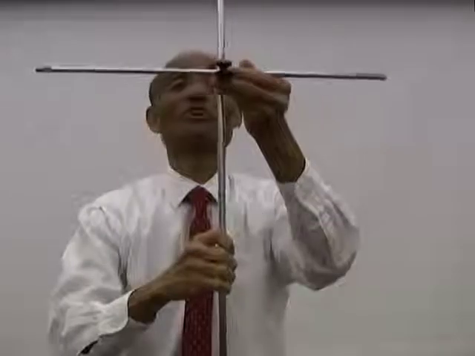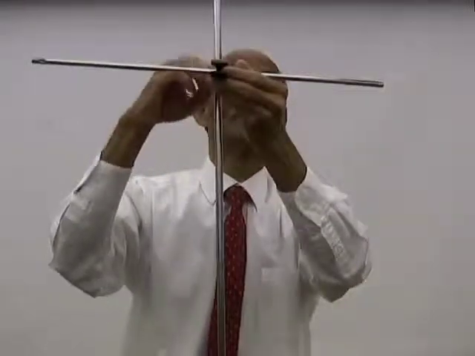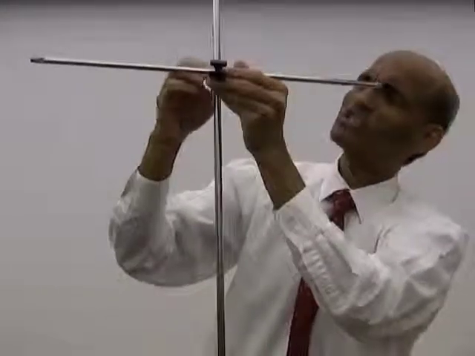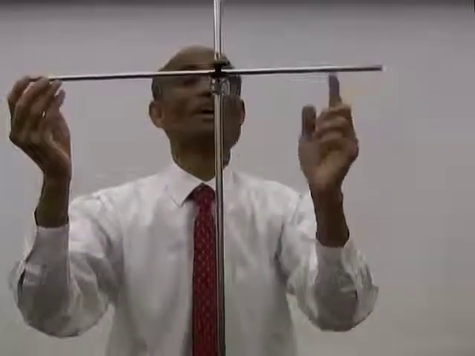A couple is constituted by two equal and opposite parallel forces, so that their points of action are different. Only if their points of action are different will the couple produce rotation. If the points of application are the same, a couple cannot produce rotation.